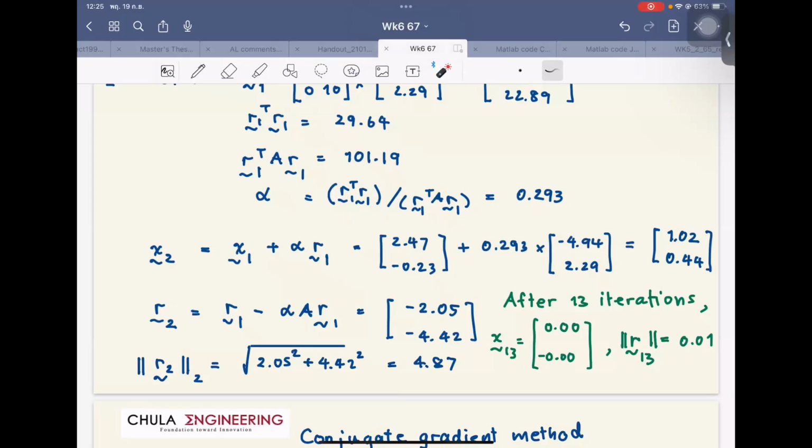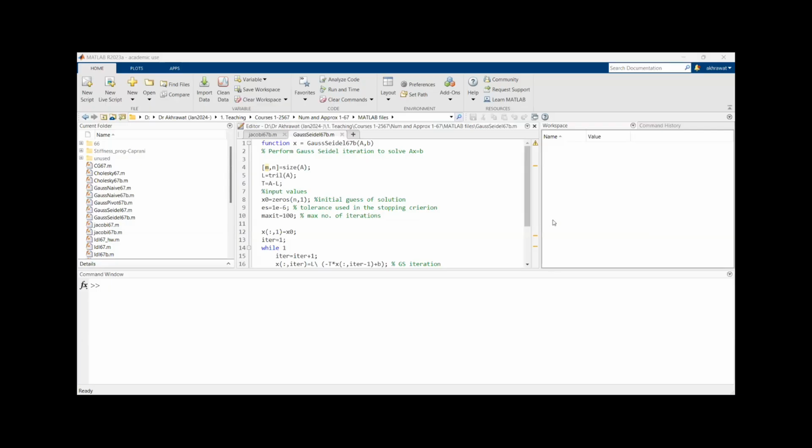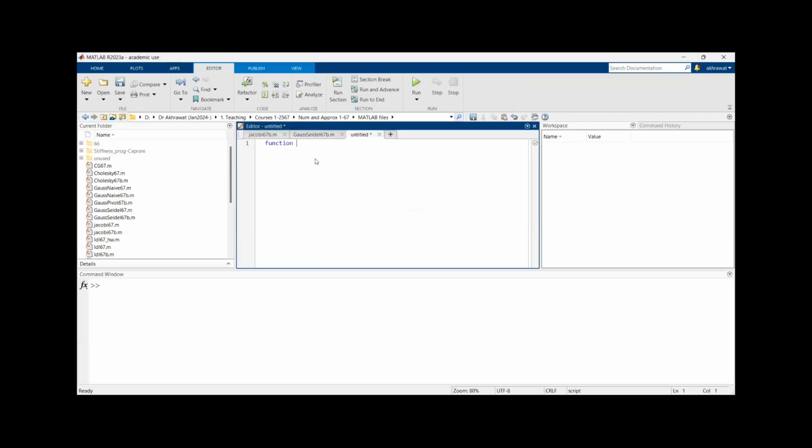Now let me implement a very simple formula without proof. Okay, very simple formula without proof. Let me call the function x steepest 6, 7.